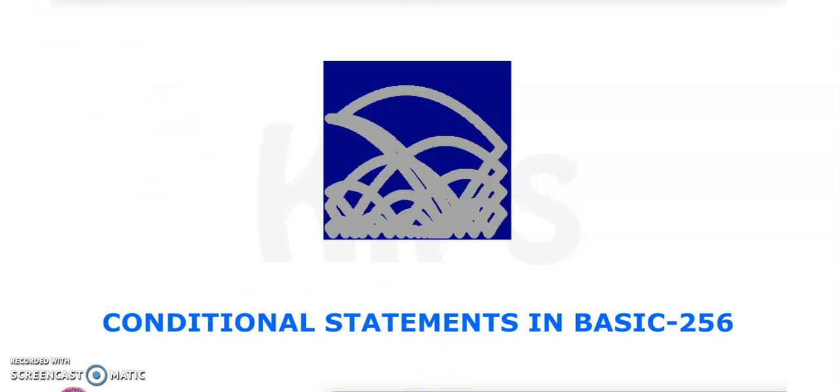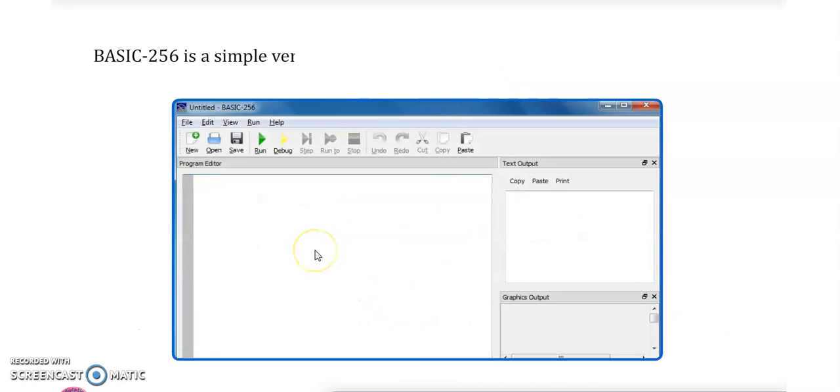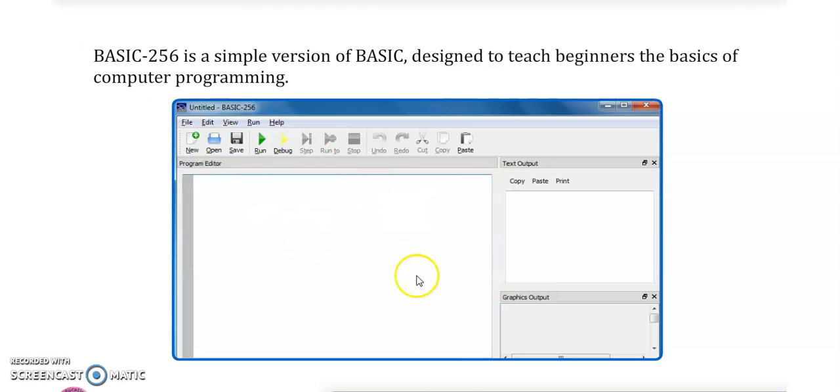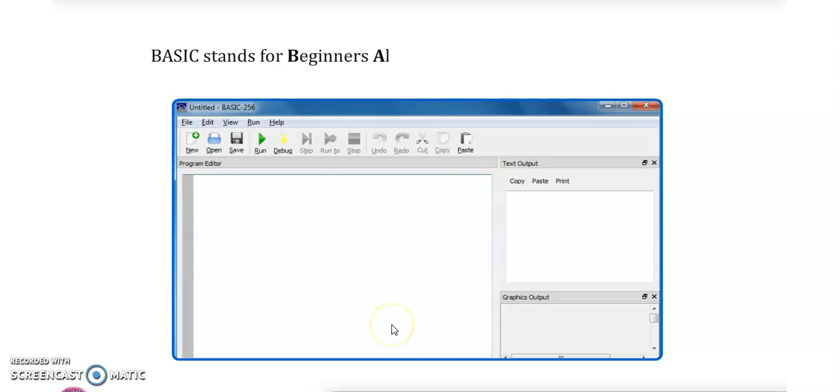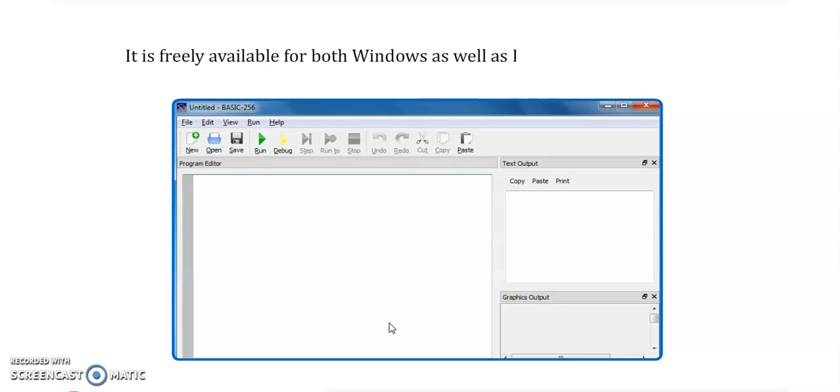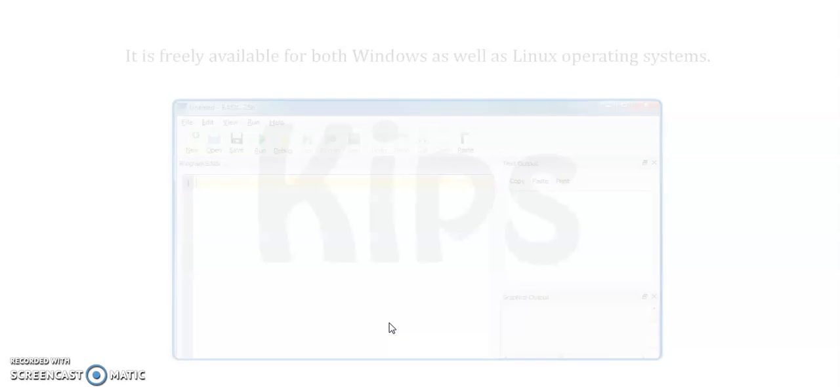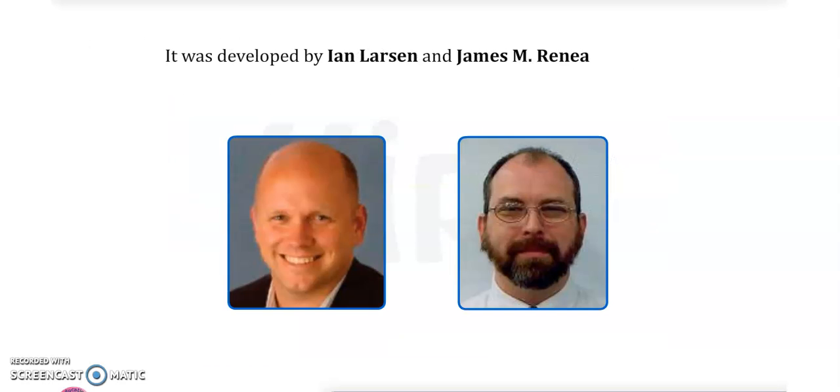So open your book, page number 72. BASIC-256 is a simple version of BASIC designed to teach beginners the basics of computer programming. BASIC stands for Beginners All-purpose Symbolic Instruction Code. It is freely available for both Windows as well as Linux operating systems.